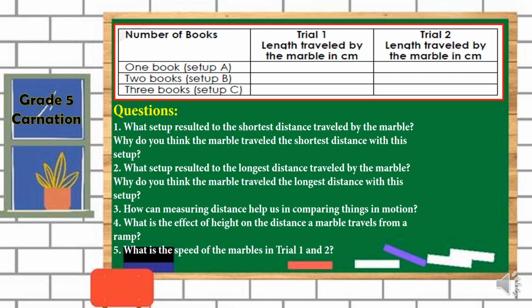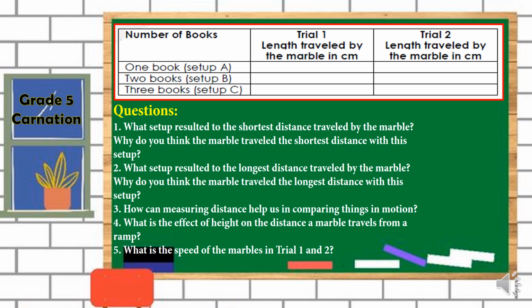And then afterwards, you are going to answer the following questions. For number 1, what setup resulted to the shortest distance traveled by the marble? And why do you think the marble traveled the shortest distance with this setup? Number 2, what setup resulted to the longest distance traveled by the marble?